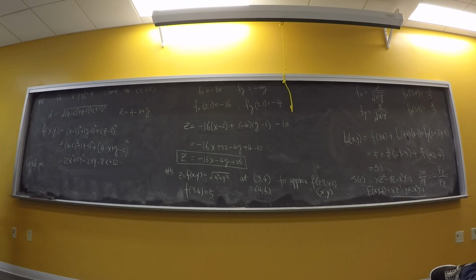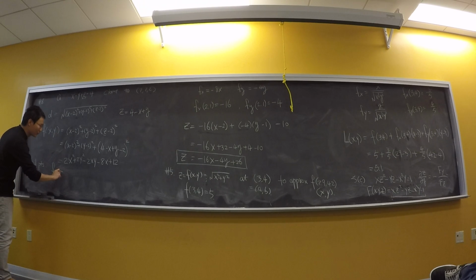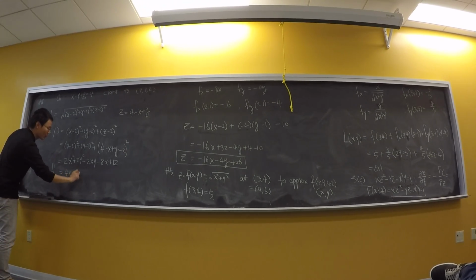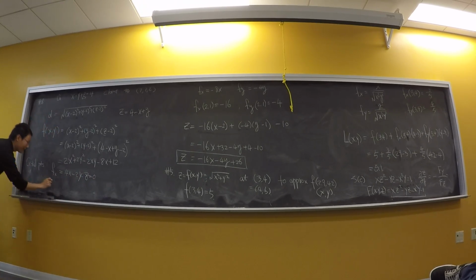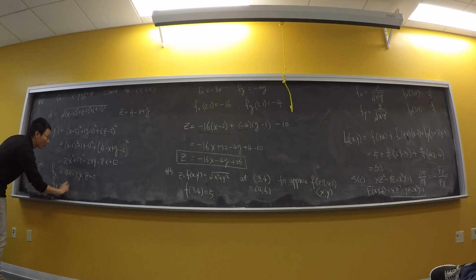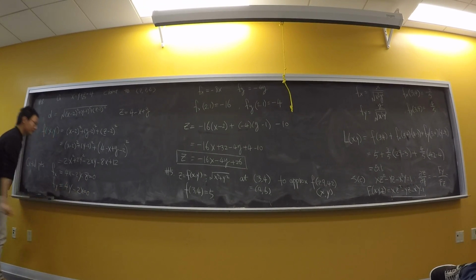So for the critical point, fx is equal to 4x minus 2y minus 8 is equal to 0, and fy is equal to 4y minus 2x is equal to 0. So this is a system of 2 linear equations, right?